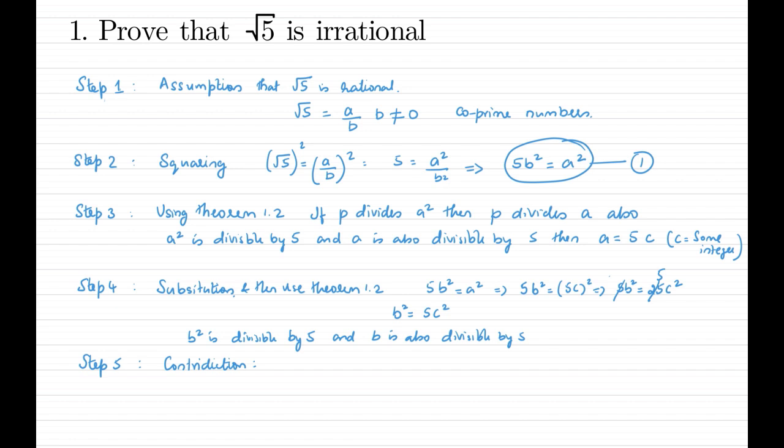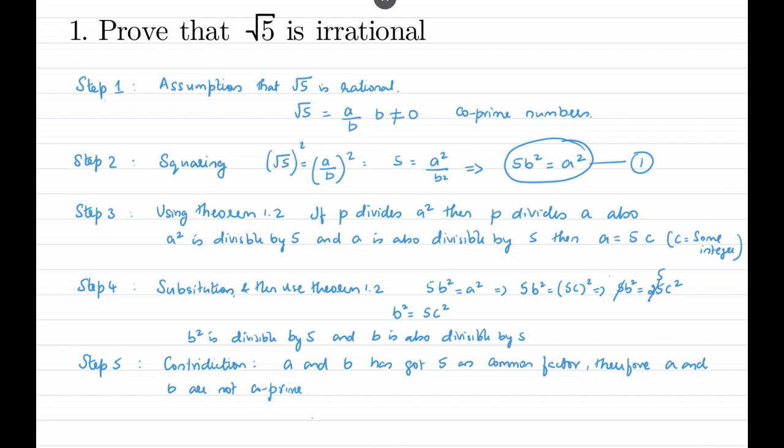But here we find a and b have got 5 as a common factor. So this contradicts that a and b are co-prime. Therefore, a and b are not co-prime.